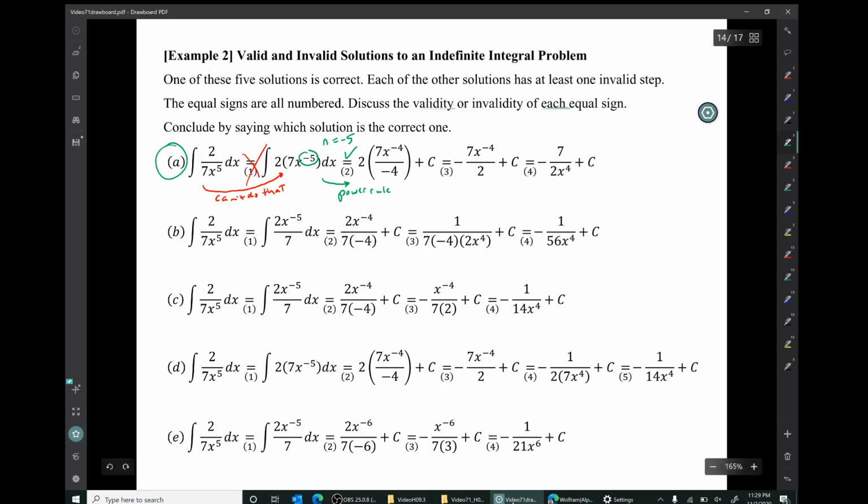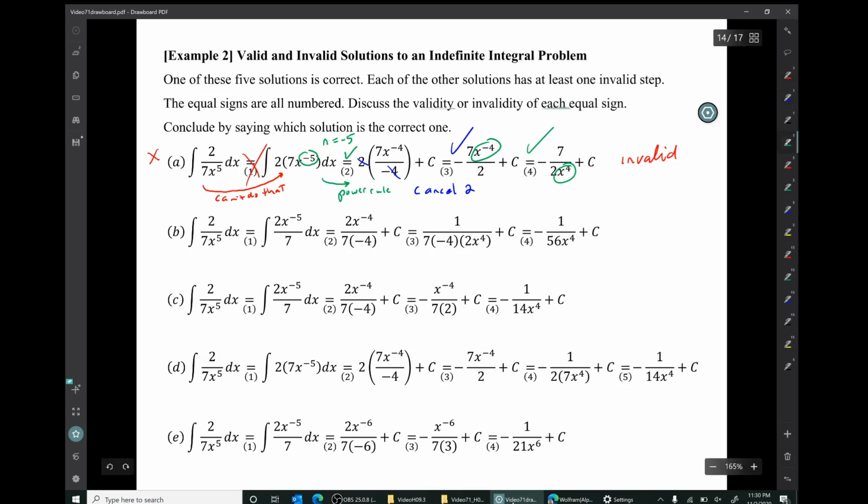Going from here to here, all that happened is one of the 2's got canceled. And so that equal sign is okay. And then in this last step, this x to the minus 4 got taken down to the denominator, and that's perfectly okay. So this first solution is invalid because it contains an invalid step. Okay, let's go on to the second solution.